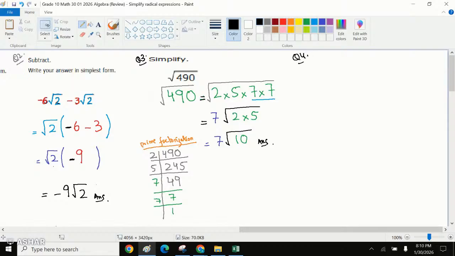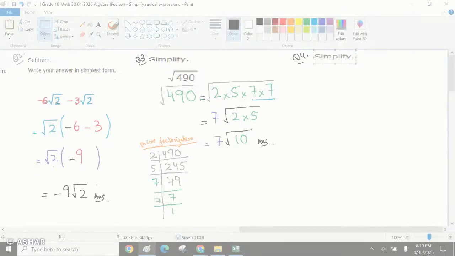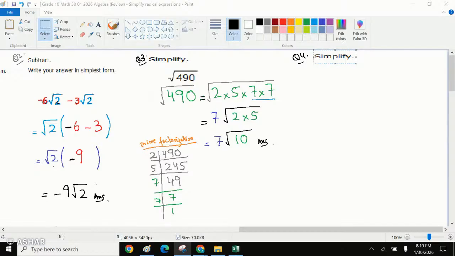It says simplify, but this time the question has a variable in it. Okay, question number 4 has a variable, and it says, let me just copy this. The variable inside the radical is 63 w square, right?